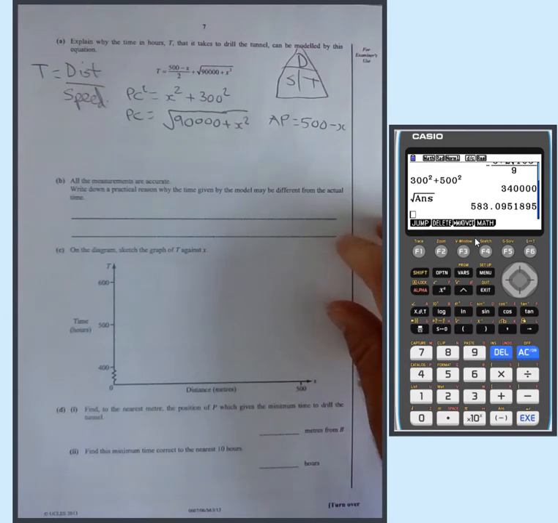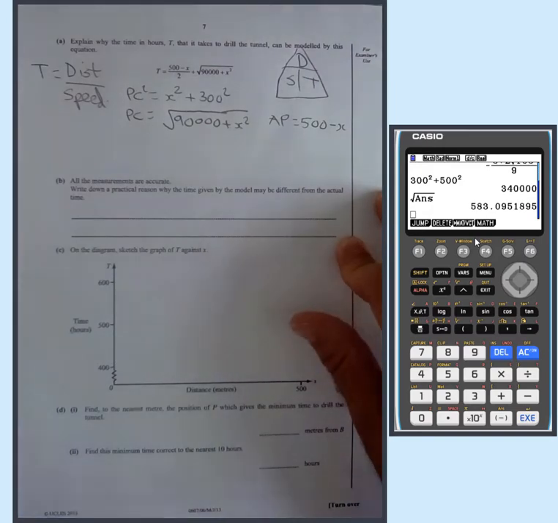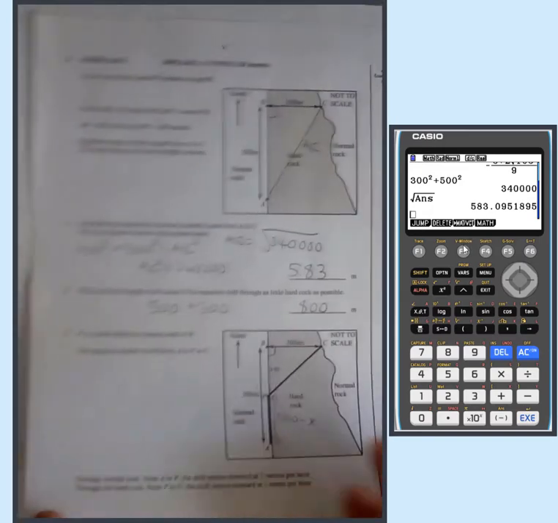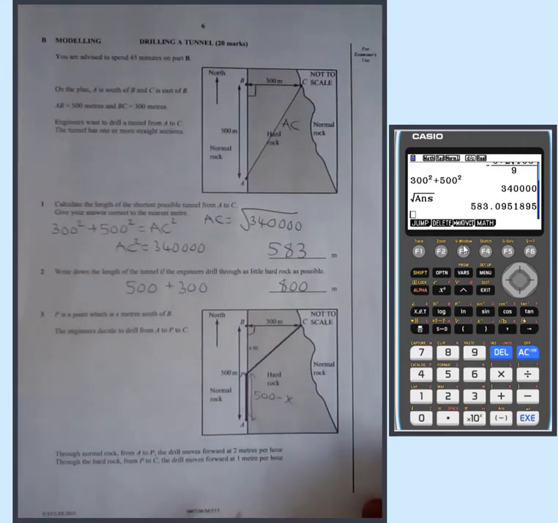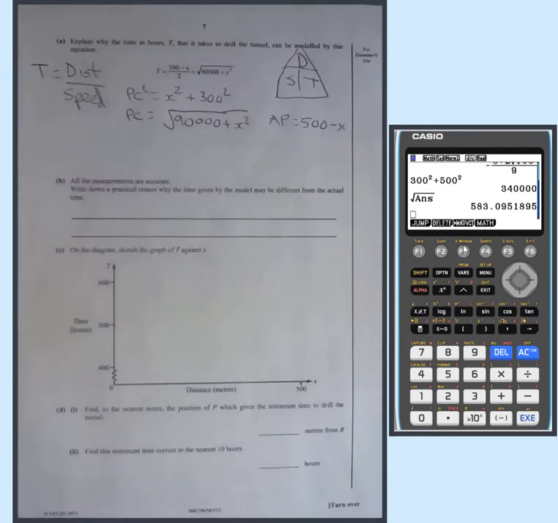So we've got speed equals distance over time. We've got the two distances, and we've got the two speeds as well. Remember, through the hard rock it goes at 1 meter per hour, and through the soft rock it goes at 2 meters per hour.